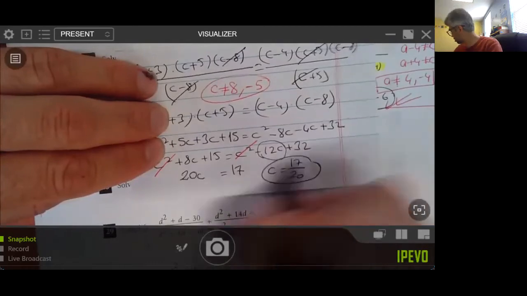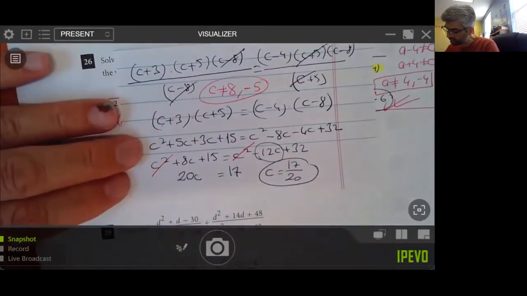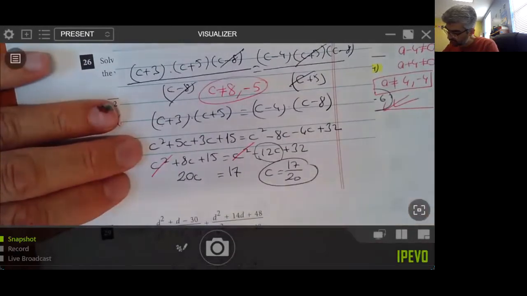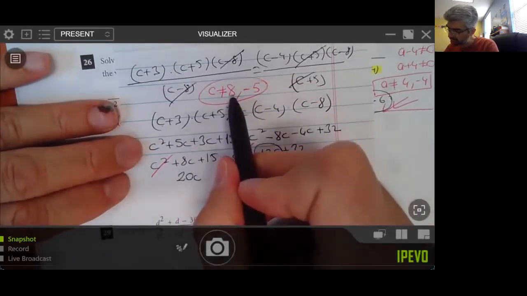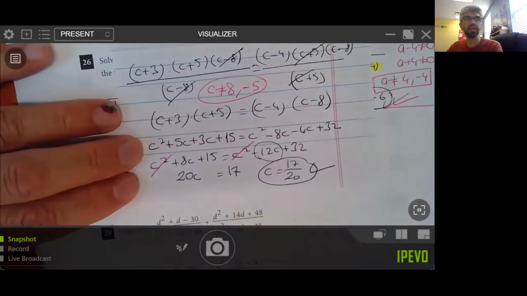All right. And c is different than 8, different than minus 5, and this is the answer. Okay, guys.